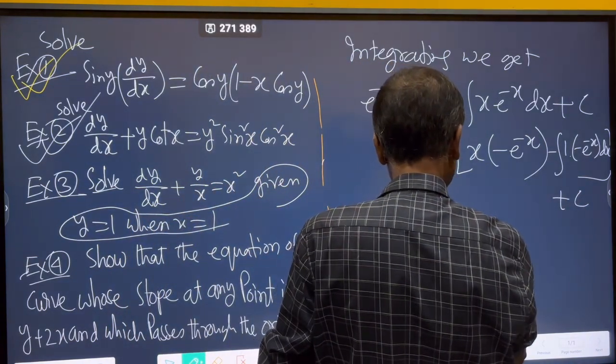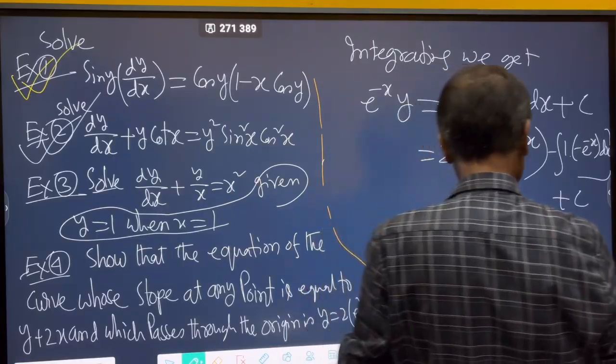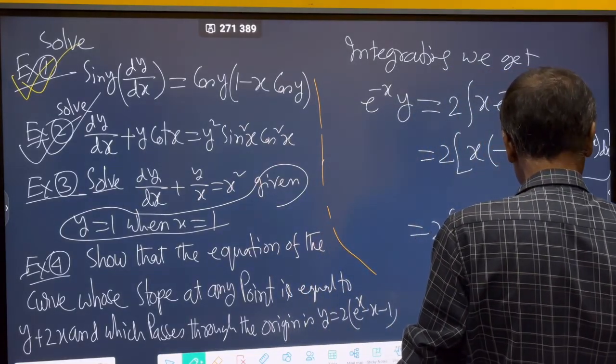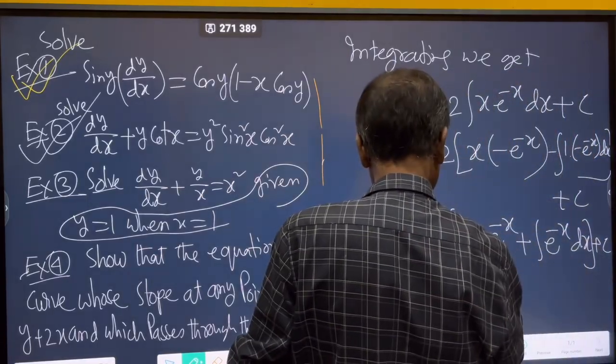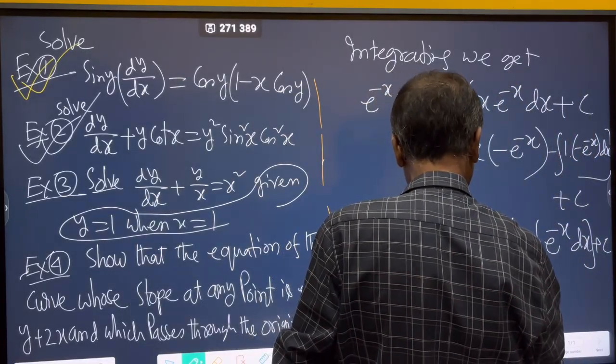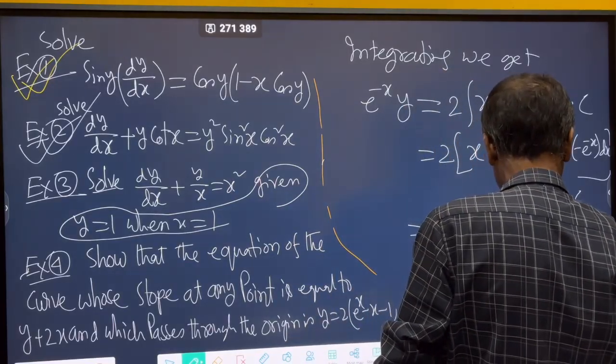This is equal to 2 times minus x e to the power minus x plus integral e to the power minus x dx, plus c, which is 2 times minus x e to the power minus x minus e to the power minus x, plus c.